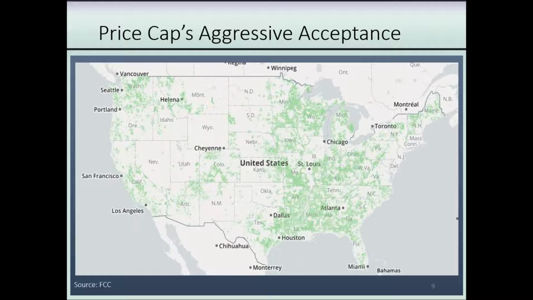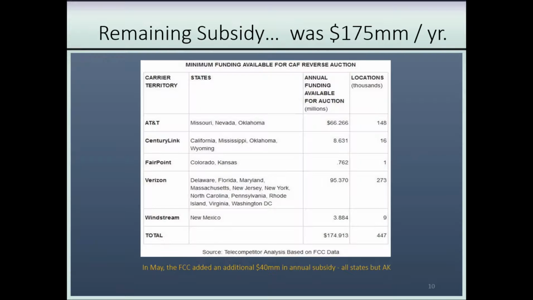At that point, if you go to the next slide, please, we'll see where various incumbents said, no, we're not making a commitment in some of our states, or in the case of Verizon, in all of our states, leaving at the time about 447,000 unfunded locations in rural America per the Connect America program, and $175 million in available funding. Next slide, please.